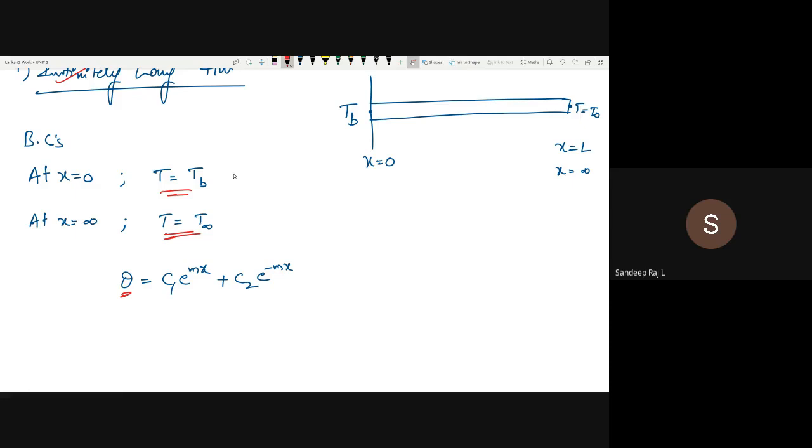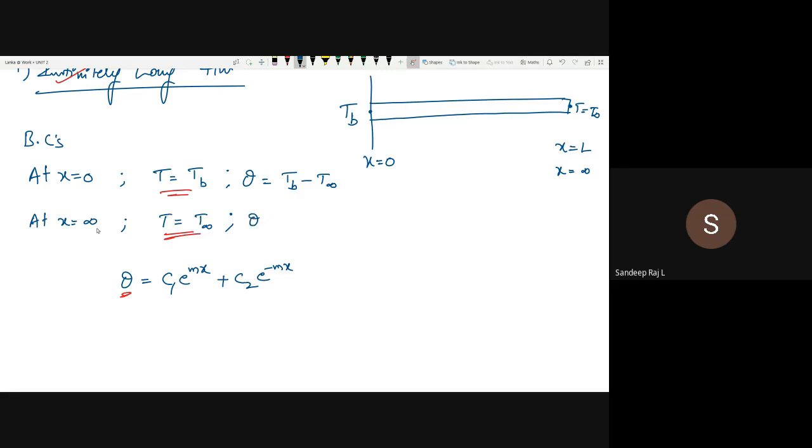So, what is theta here? Theta is essentially T minus T infinity, what we have taken. So in this case, T is TB, so TB minus T infinity you get in the x is equal to 0 case.